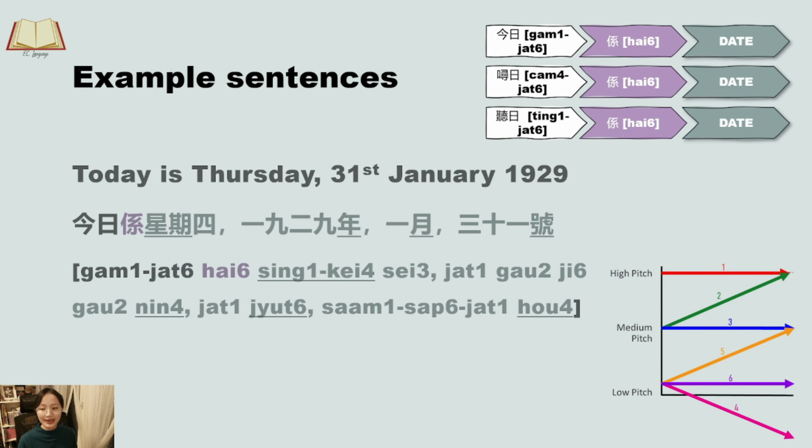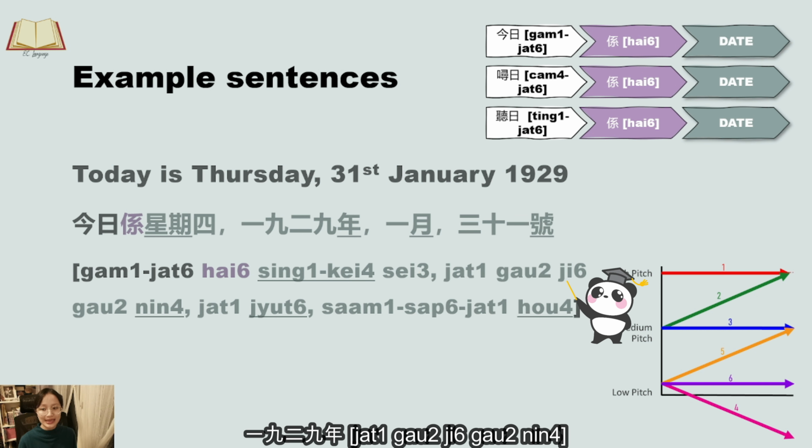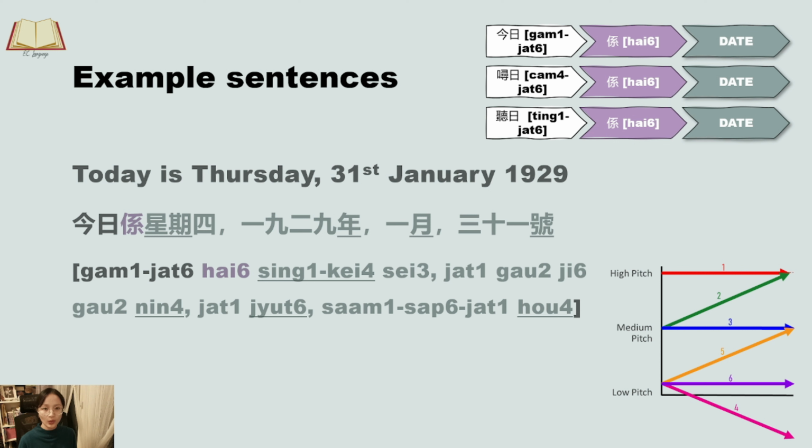Same idea. 今日係星期四1929年1月31號. Today is Thursday, 31st of January, 1929.